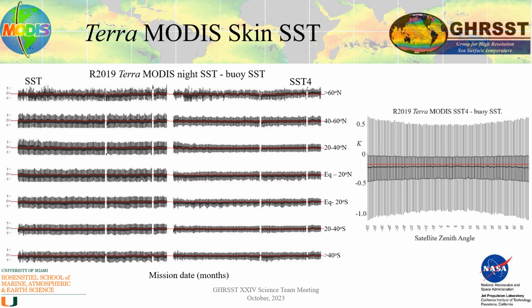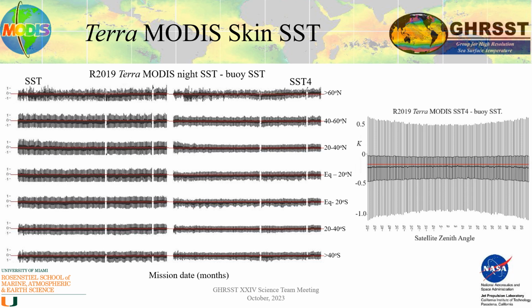Here we see time series in monthly box whisker plots of the NL-SST on the left and SST4 in the center of the MODIS skin SST retrievals compared to buoys' subsurface temperatures for the entire Terra MODIS mission.